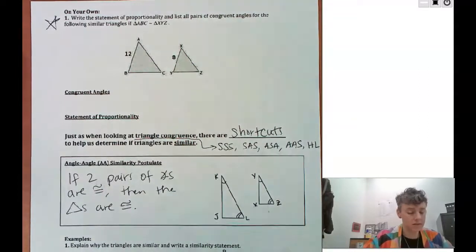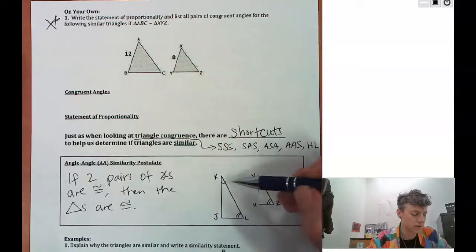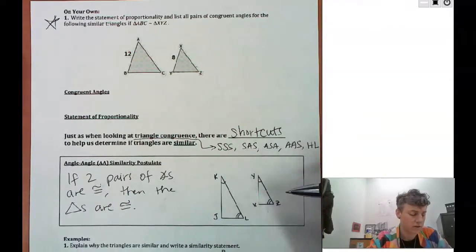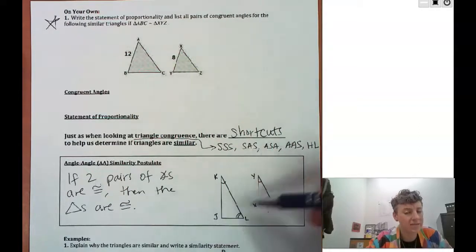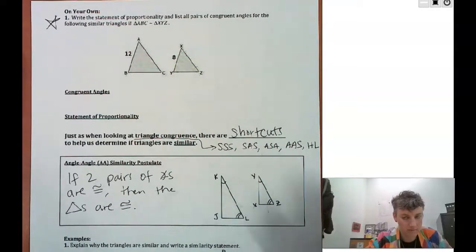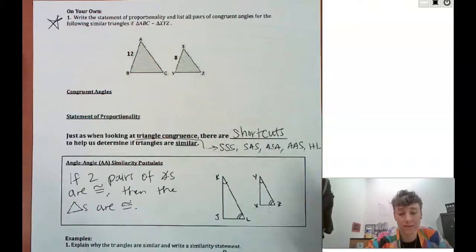The reason it works is if two pairs of angles are congruent, then the third pair of angles has to be congruent. Why is that? Well, the angles in a triangle add up to 180 degrees.